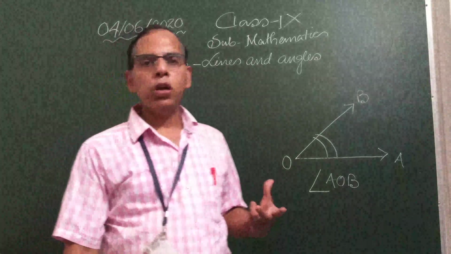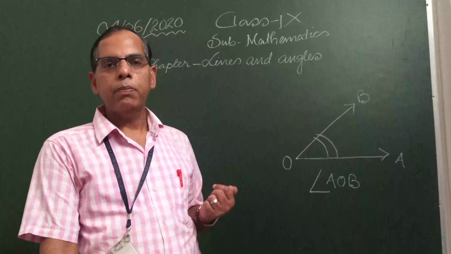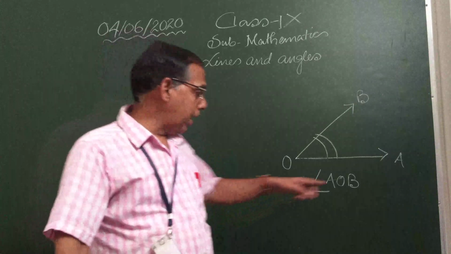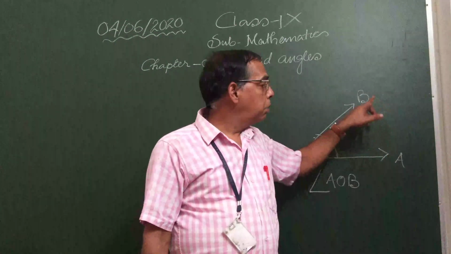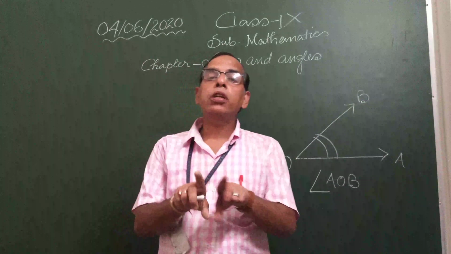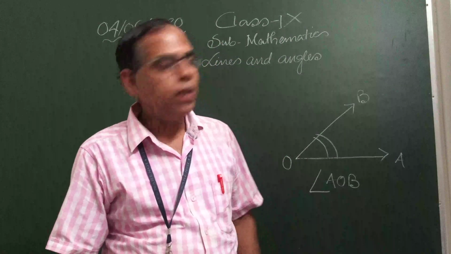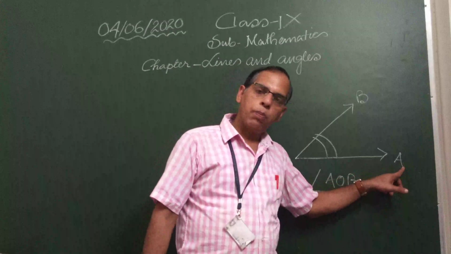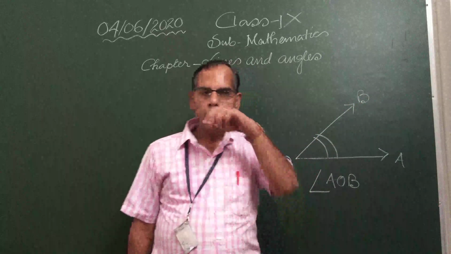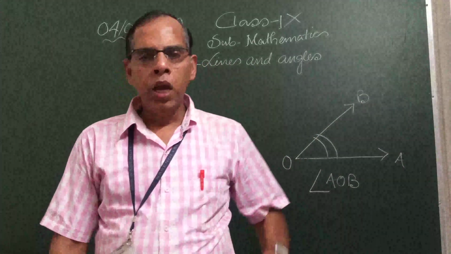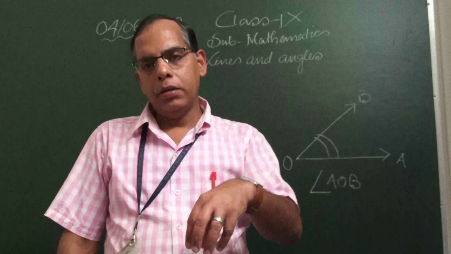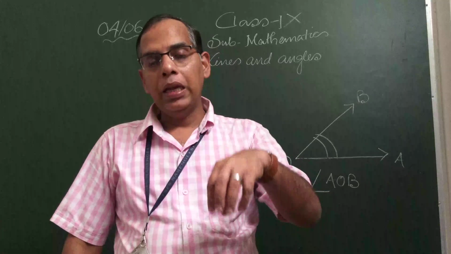Now what is the position of A, O and B? A is the initial point, B is the terminal point, and O is the point of intersection of the two rays. And the middle letter represents where the angle is actually formed.